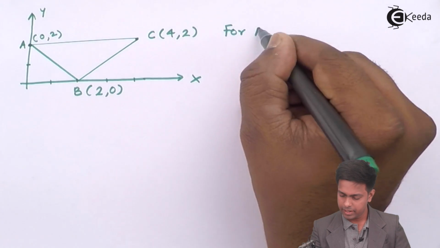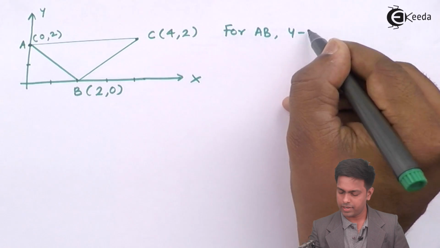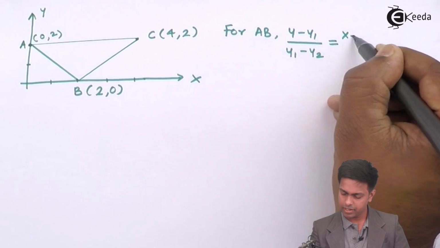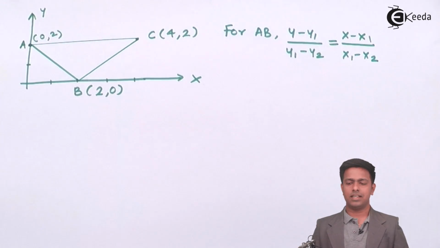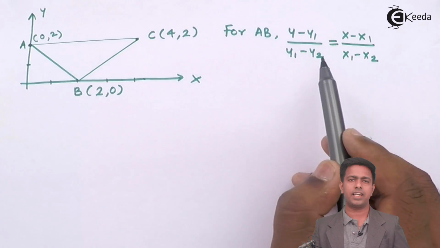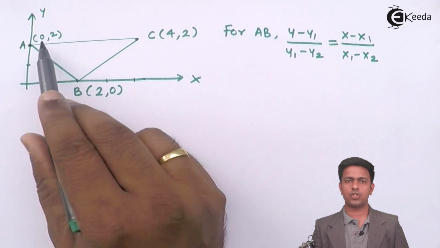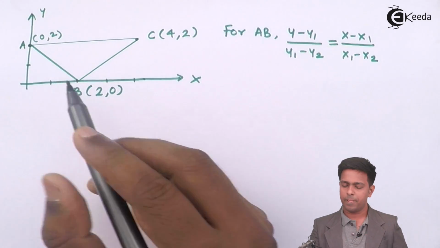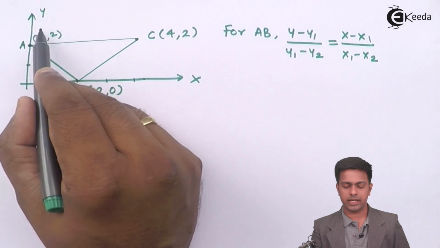For AB, the equation is given by (y minus y1) upon (y1 minus y2) equal to (x minus x1) upon (x1 minus x2). Guys, this is the equation of a straight line in two-point form. Along the line AB we have 2 points, and using these 2 points we can find the equation of line AB. I can consider these points as x1, y1 and these points as x2, y2.